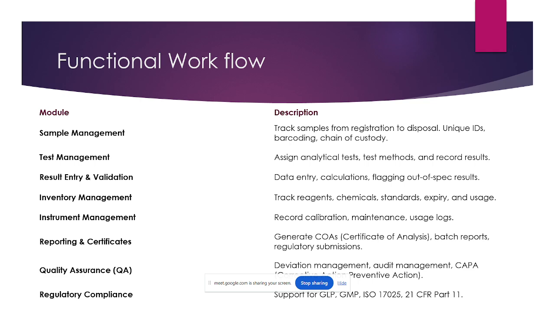For this purpose in the master data we create stocks, and based upon the stocks in the stock table we use this inventory management. After that, the reagents, chemicals and standards we can track very easily in the inventory management module.